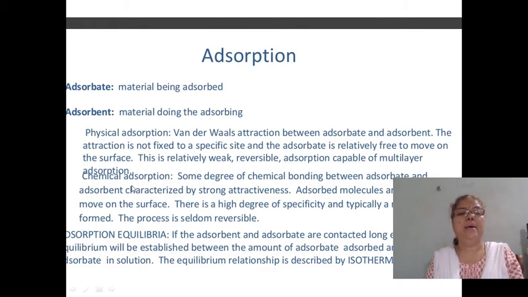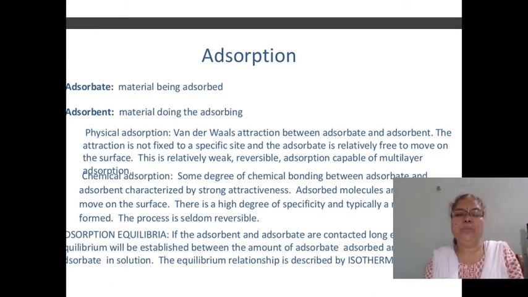While in the second type, that means chemical adsorption, some degree of chemical bonding between adsorbate and adsorbent takes place, and it is characterized by strong attractive forces between adsorbate and adsorbent. Adsorbed molecules are not free to move on the surface. There is a high degree of specificity, as already I have told you.